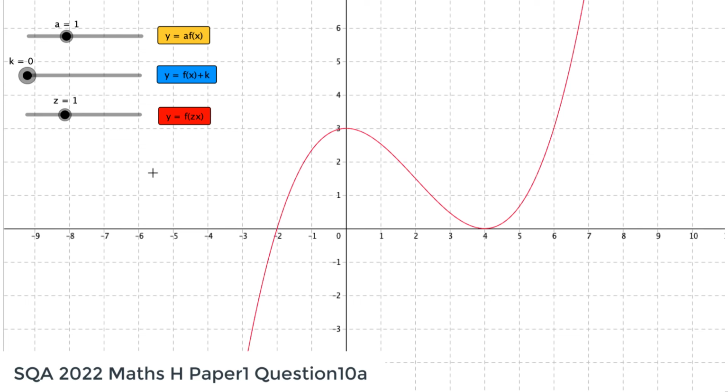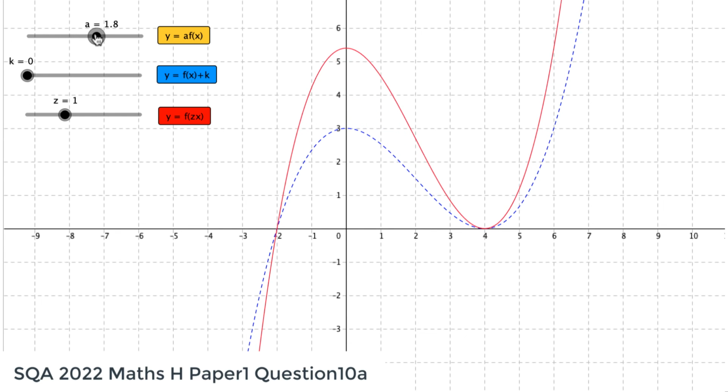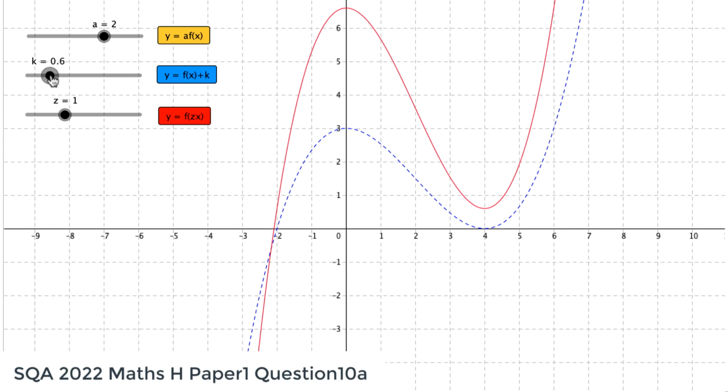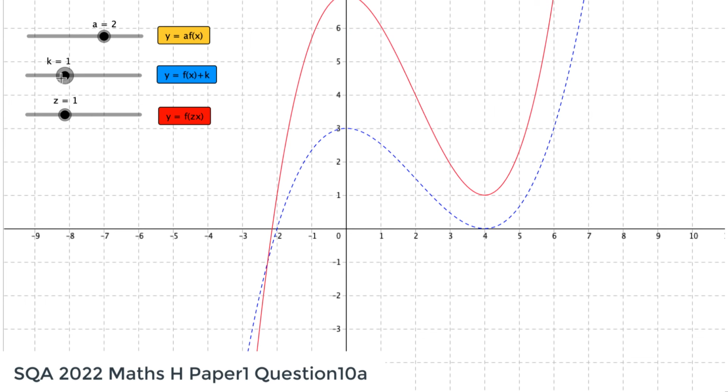Now, the question asks us about the graph when we double and add 1. And here is that graph where you can see the heights have been doubled and 1 added.